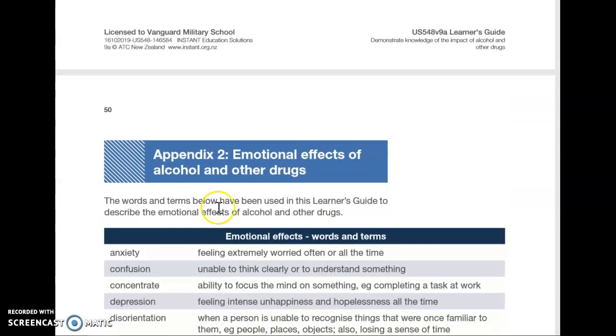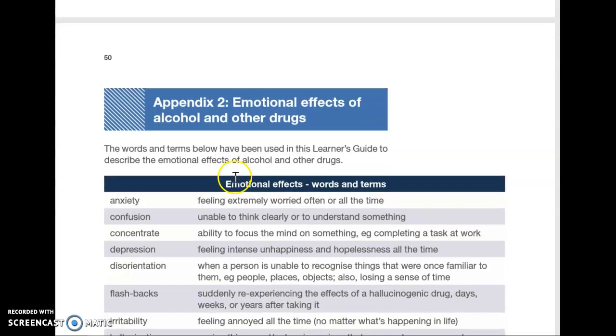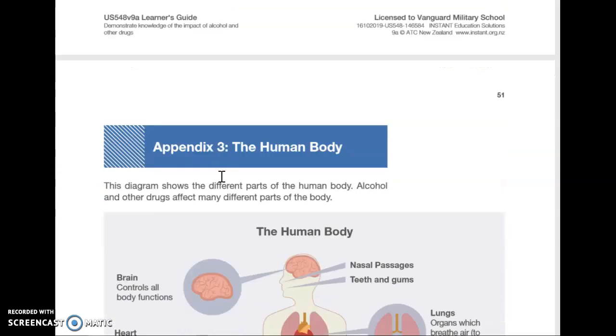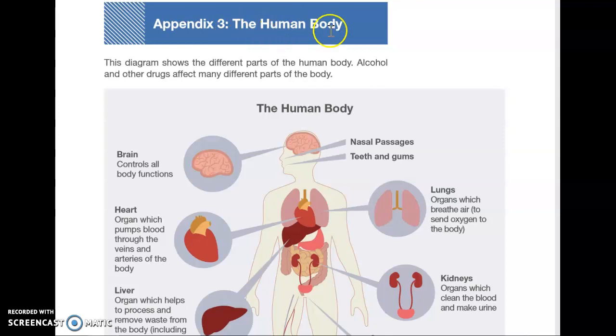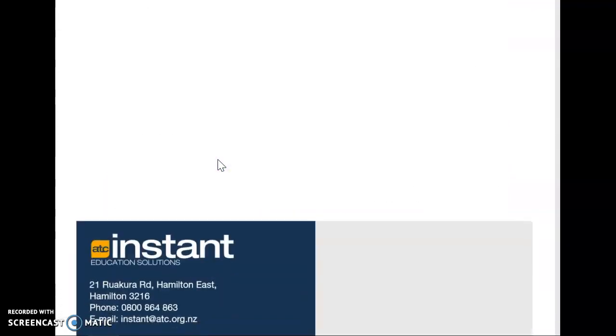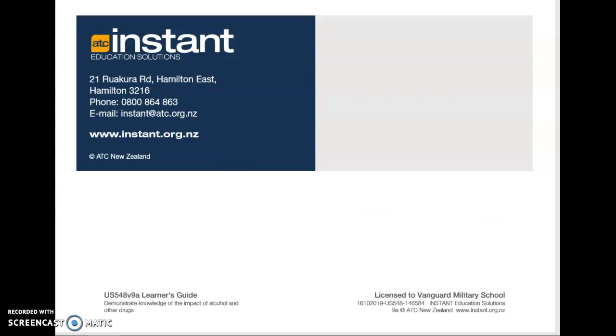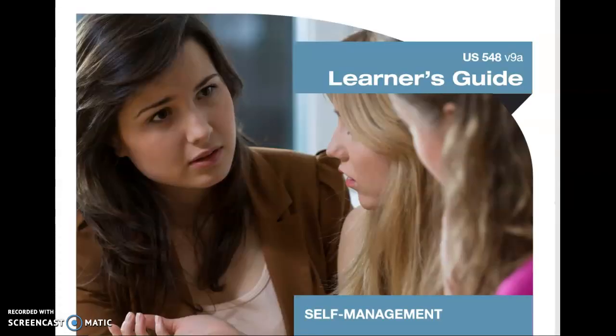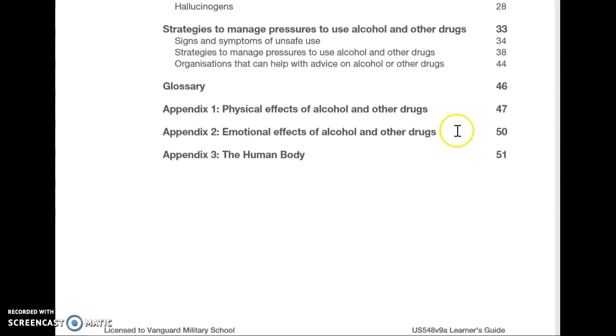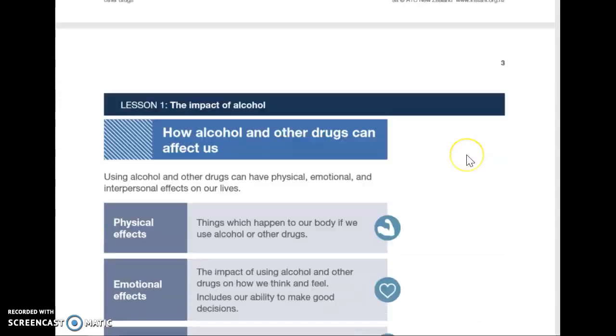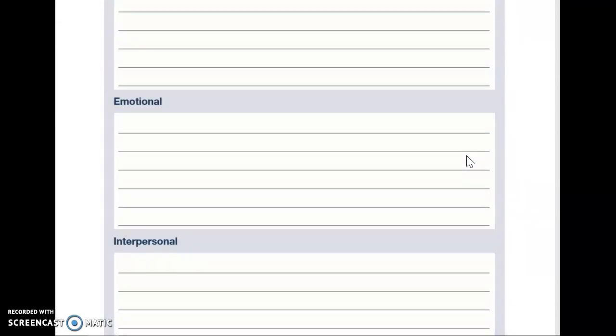And you come down here, emotional effects, and then we come down here, look, we've got the human body, all the different things that happen. Oh, we've gone a little bit too far there. Right, scroll back down.